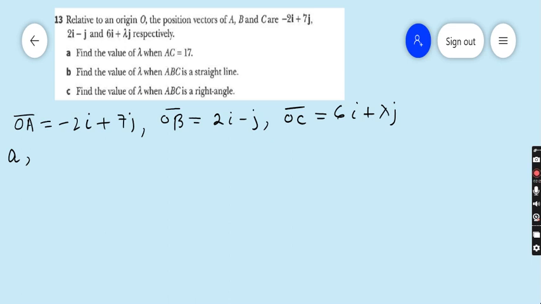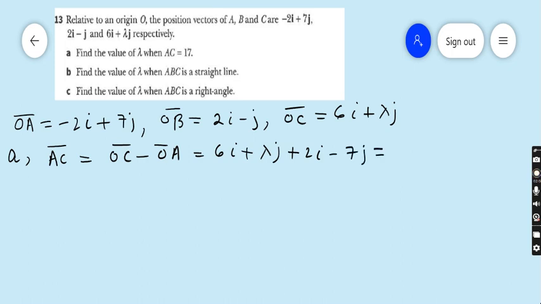AC means the magnitude of AC. So first we have to find the vector AC, which is equal to OC minus OA. OC is 6i plus lambda j, minus OA, which is minus 2i plus 7j, so it will be 6i plus 2i, which is 8i, and lambda minus 7j. Taking j common, it is lambda minus 7.